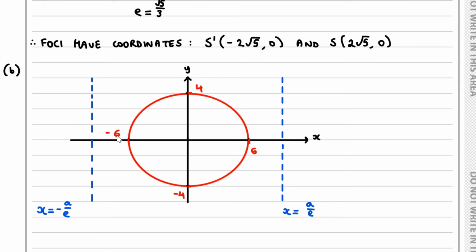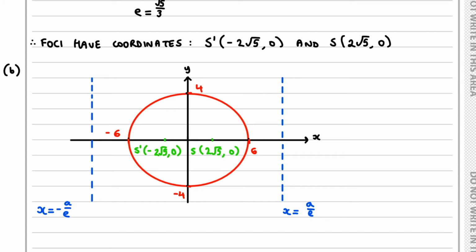Okay, and if we add the foci, we have somewhere here and here the foci, we've got 2 root 5, 0. So this is what S is, and S dash, that will be negative 2 root 5, 0.